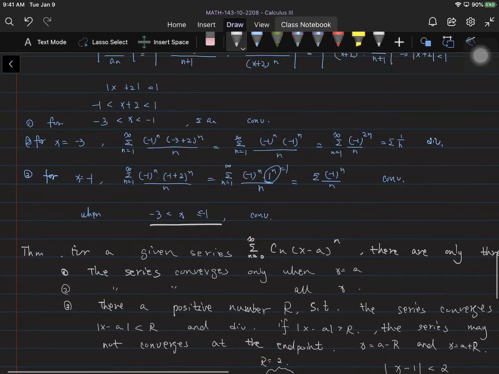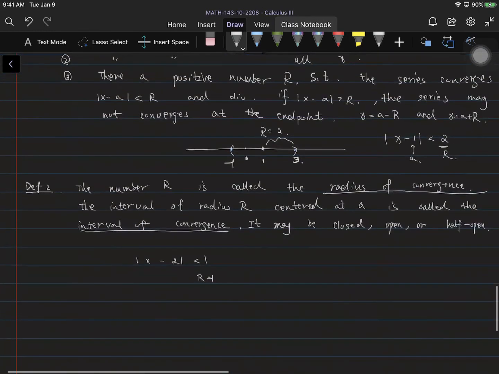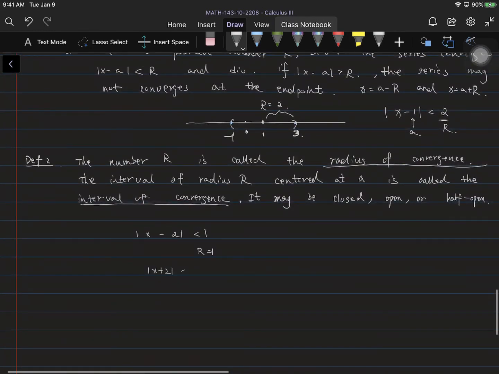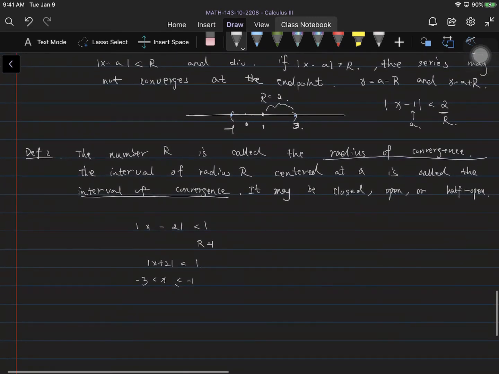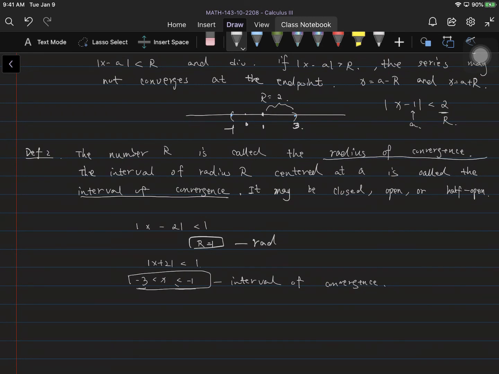The absolute value of x plus 2 less than 1, and the final answer is this one, right? -3 and -1. So maybe closed or open at the points. That's the meaning of this, and this is called the interval of convergence. And R is the radius of convergence.